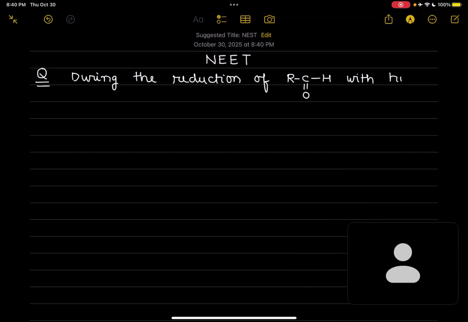So which reduction is this? And potassium hydroxide.